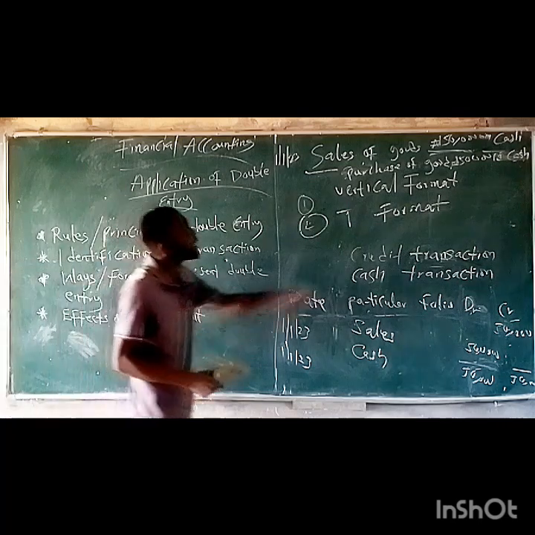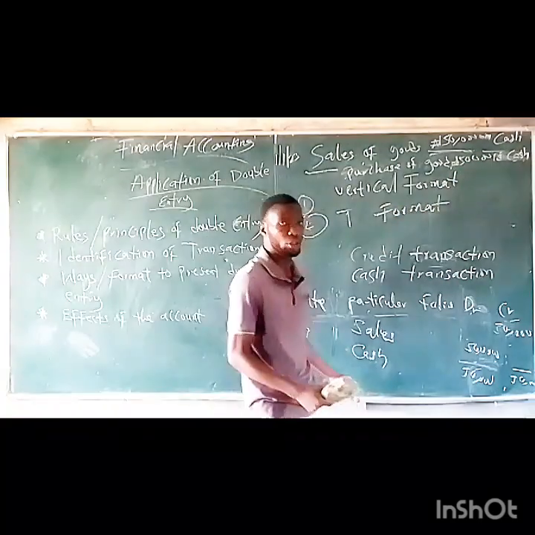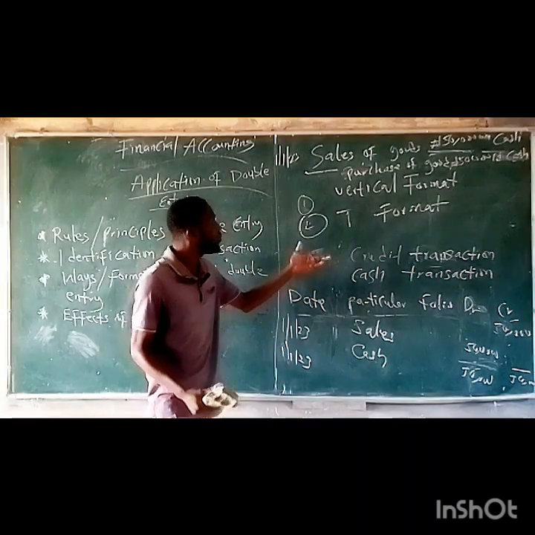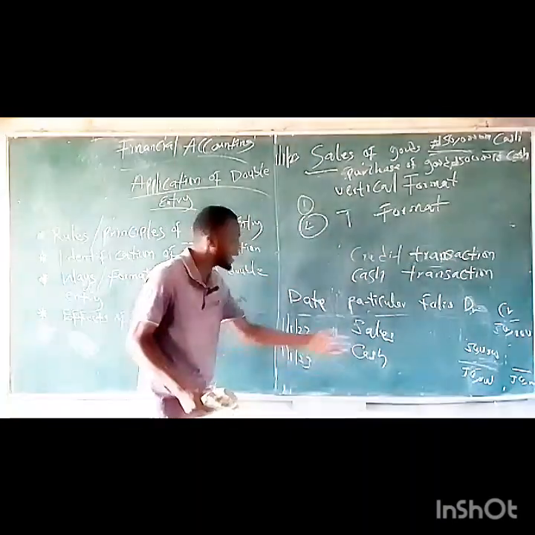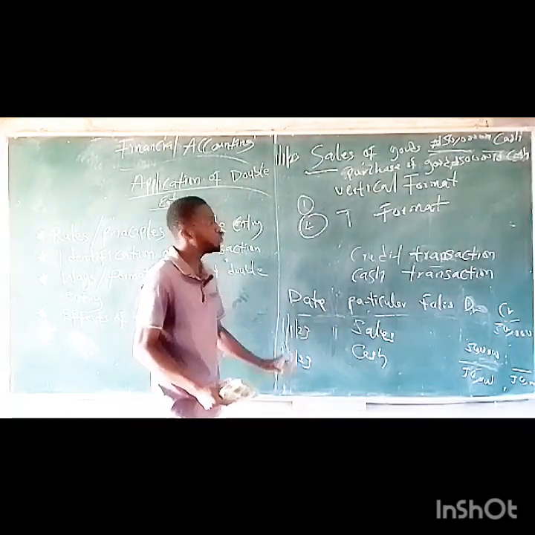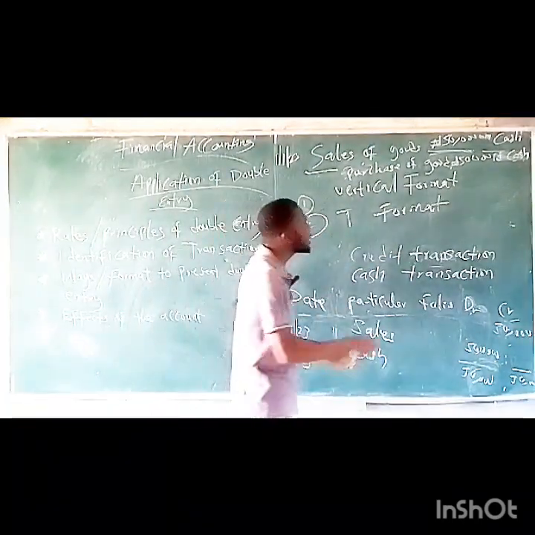Now you can see that cash appears, and we have already done cash here. Then we want to present cash again, it will not be fine. That is why it is preferable to use the T format, because you can't just prepare cash again. You don't do that. So that is why we normally use the T format, which looks like a ledger.